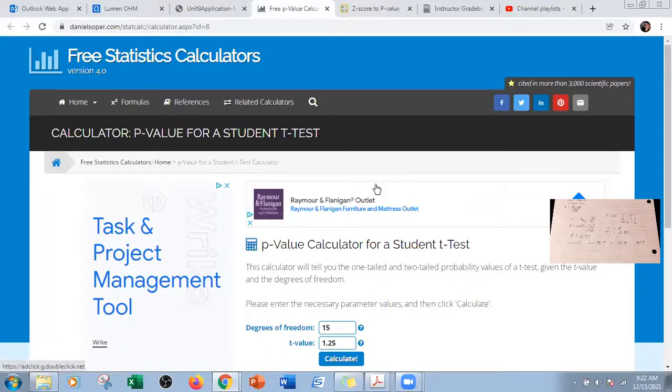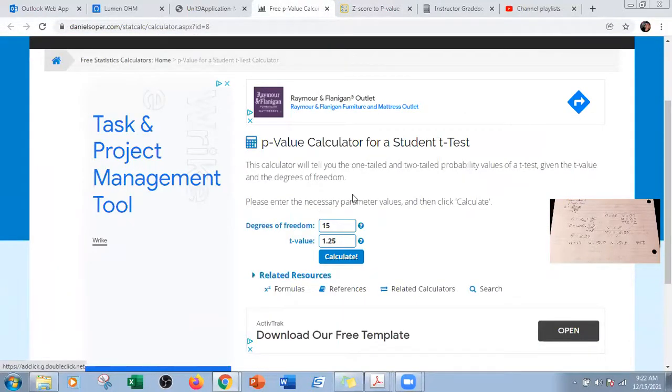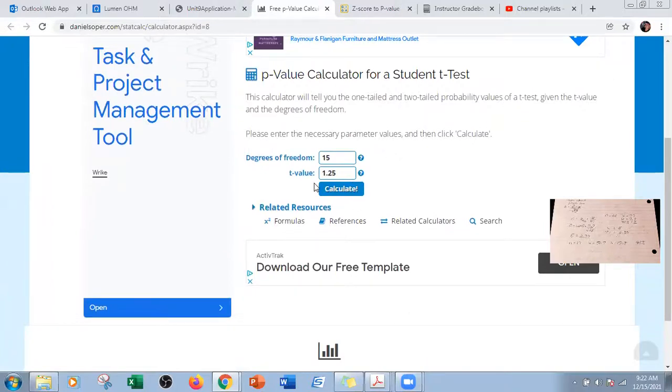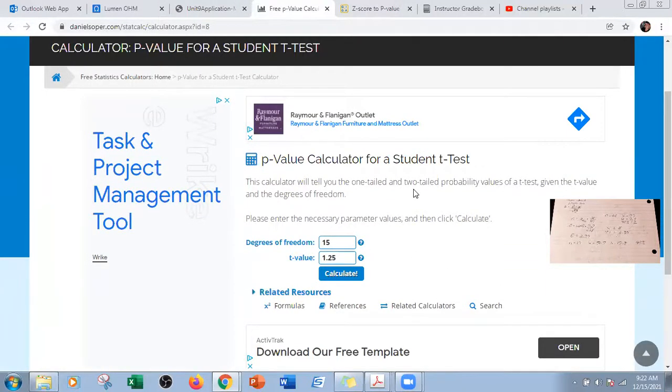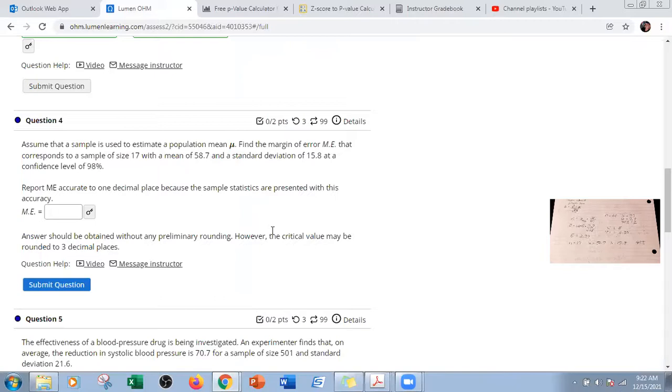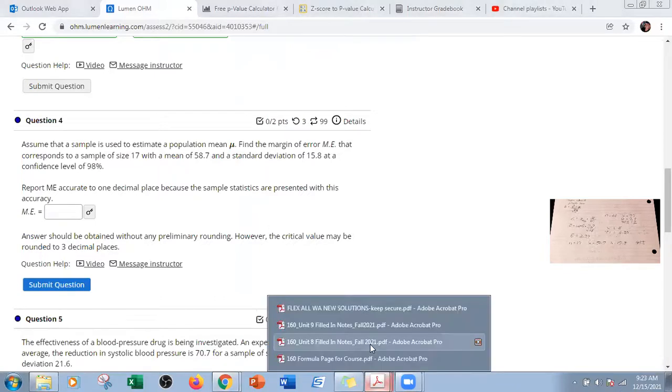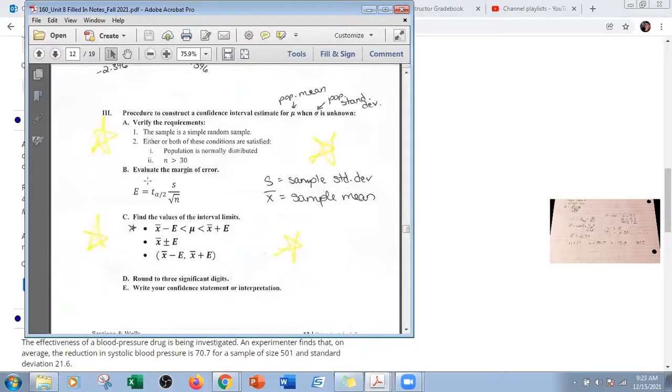With our t-test here, we would write down the degrees of freedom, we'd write down our critical t-value, and then we'd calculate it. So essentially, that's what we're looking for. So let me close this out. We essentially want to look at what's going on here in unit 8 so that we can figure out what that margin of error is.